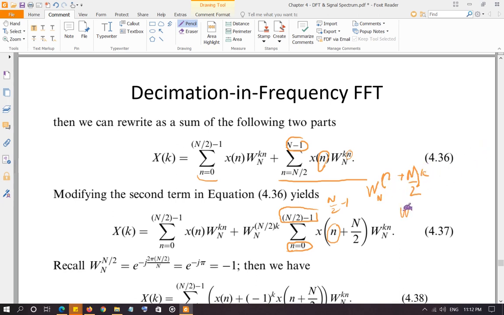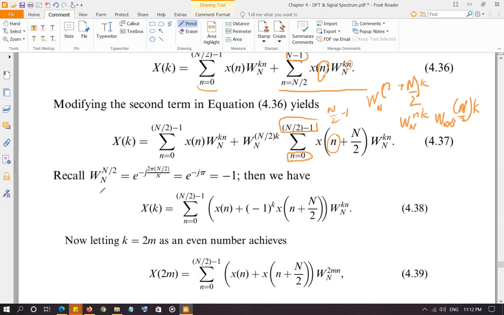So I distributed that: W_N of n times k, W_N of n by 2 times k, right? So this is W_N of n by 2 times k on this. So I did that. Okay, so W_N to the power cap N by 2.